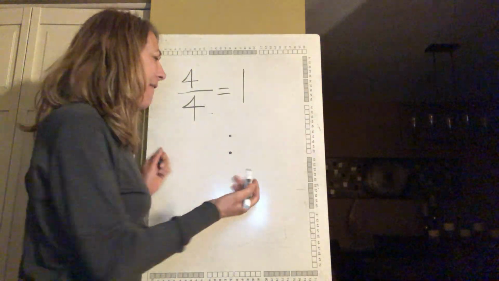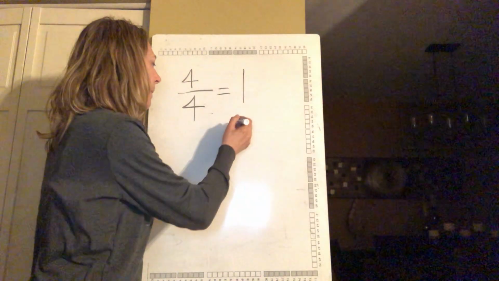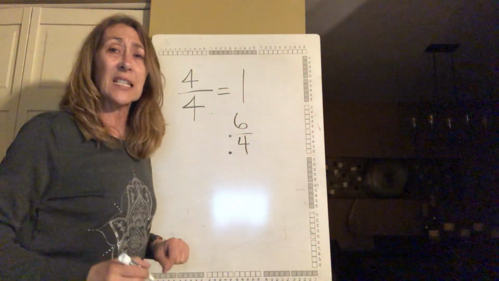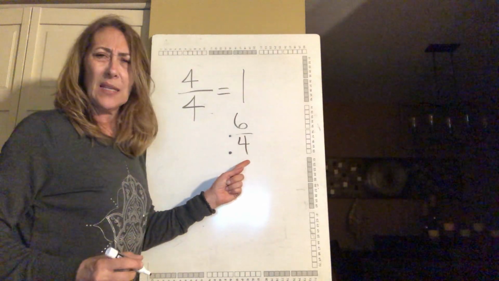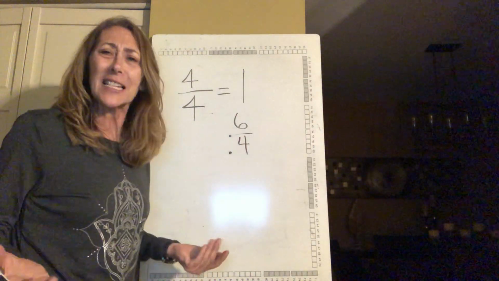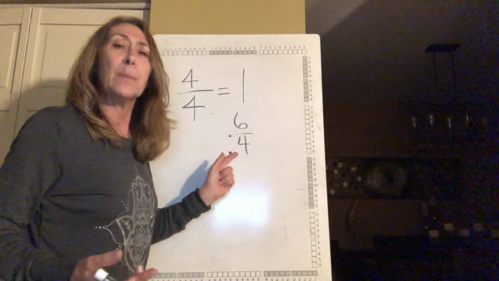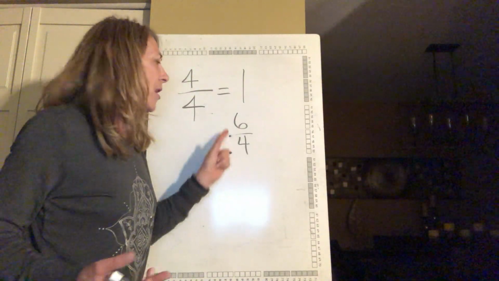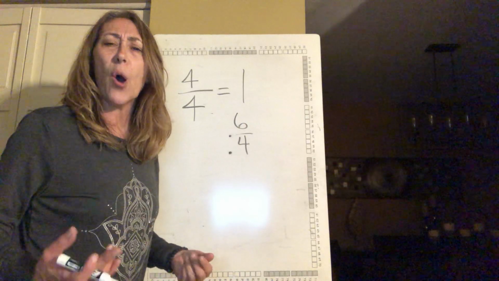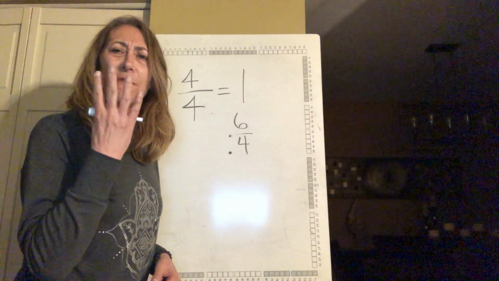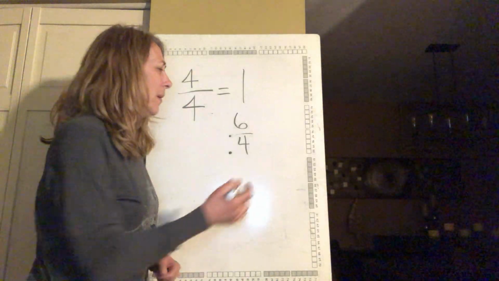But let's say I have the fraction 6/4. My pieces are fourths, but I have 6 of them. My top numerator is bigger than my bottom denominator. That's a fraction bigger than a whole. How many pieces do I need to make a whole? I only need 4 pieces to make a whole.